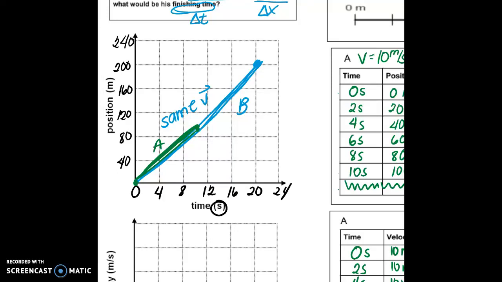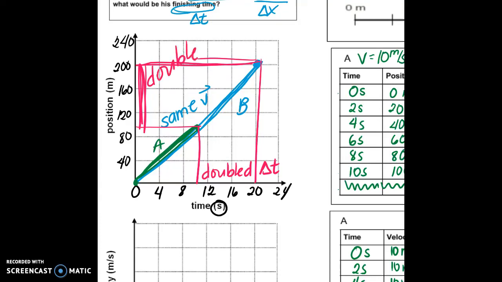So the time here from A to B has doubled, and then our displacement, sorry, here, our displacement here has doubled, so double the displacement.